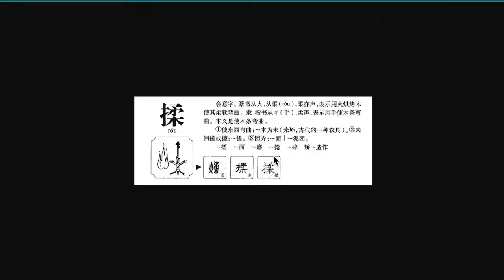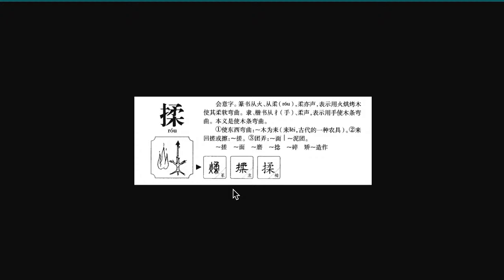On the right hand side is the character 柔, which of course represents the sound. Now on the right hand side, you can see that on the top is 矛, and on the bottom is wood. 矛 is a spear, a weapon.